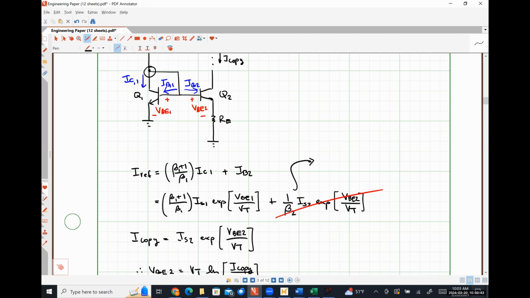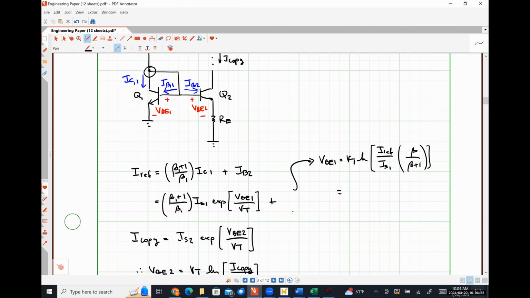So rearranging this expression right here lets us say that VBE1 is VT times the natural log of IREF over IS1 times beta over beta plus 1. I'm running out of room, so I'm going to put this underneath.